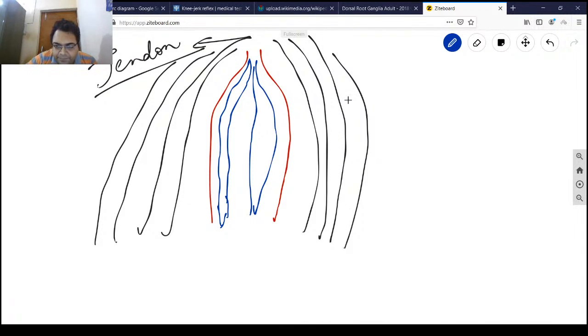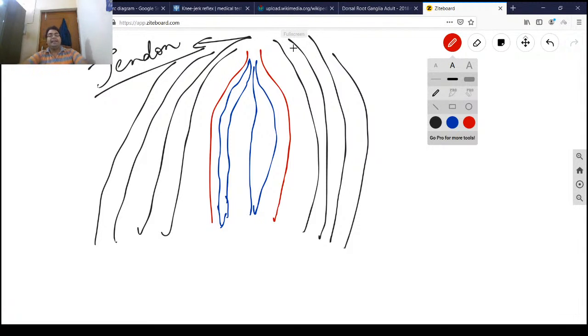Now these muscle fibers, which originate from the tendon and surround the connective tissue capsule, are known as extrafusal muscles. What I have drawn in red is a connective tissue capsule.